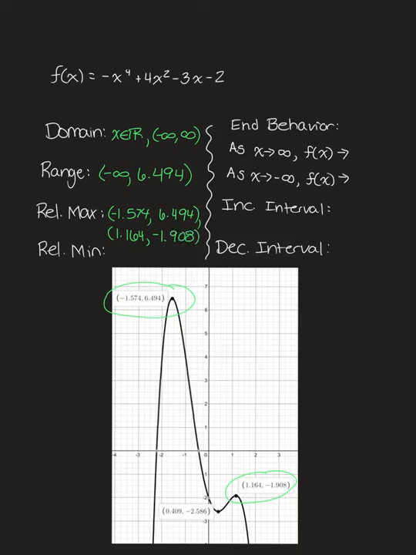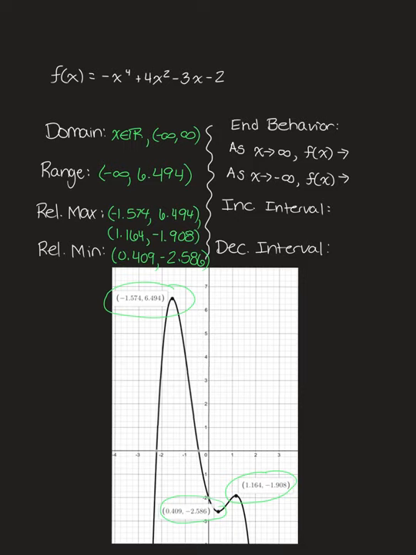Okay, so those are my two relative maximums. I have one relative minimum down here at (0.409, -2.586). Okay, so our increasing and decreasing intervals are going to be between those x values only. Okay, but first let's look at end behavior.